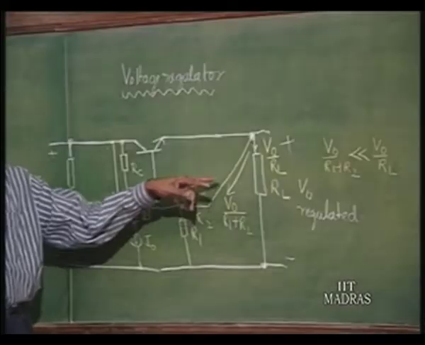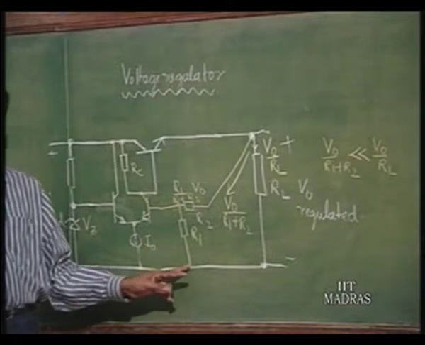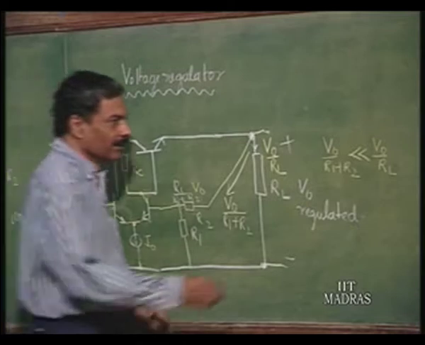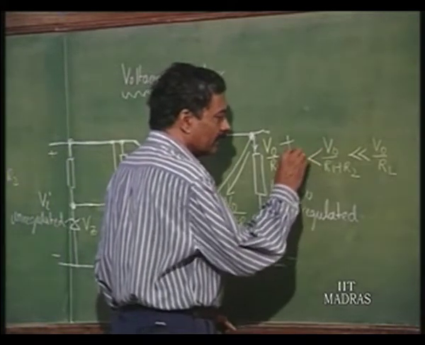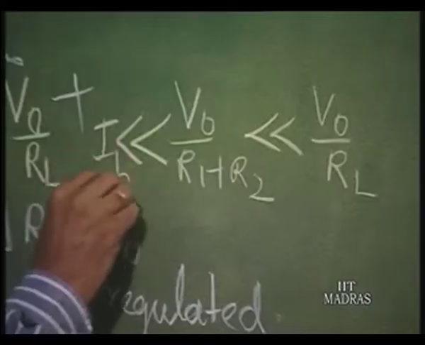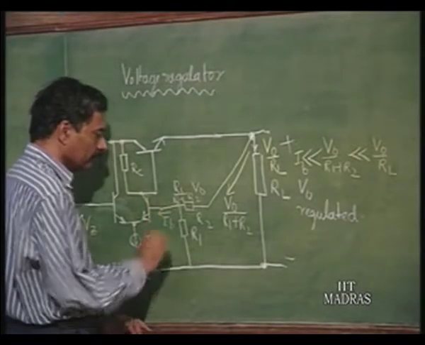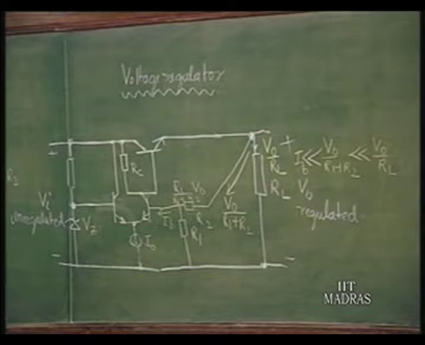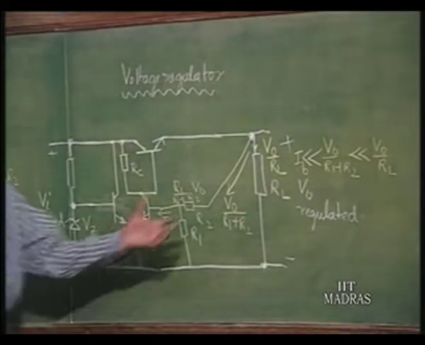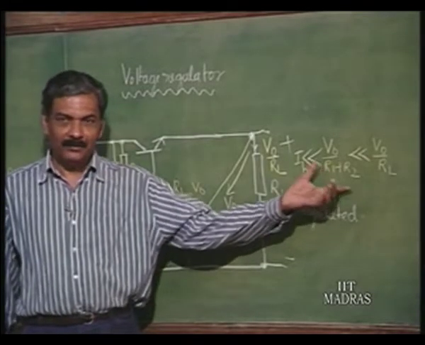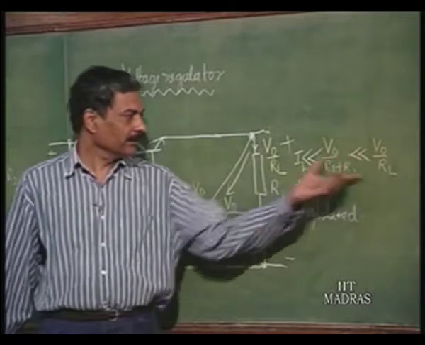Then we have assumed that this current is V naught by R1 plus R2, that means this base current is neglected. That means this should be much greater than the base current. So, selection of R1 plus R2 is based on these requirements.